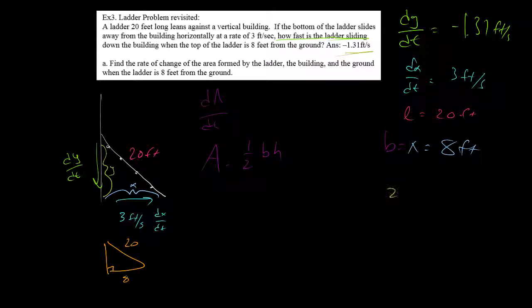So 20 squared is equal to 8 squared plus y squared. 20 squared is 400, and if we subtract off 8 squared, so minus 64, 336 is equal to y squared, so y is equal to the square root of 336.